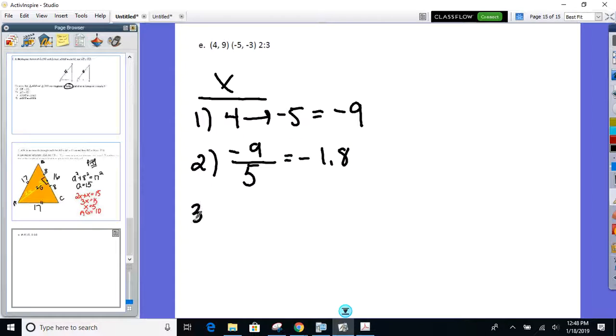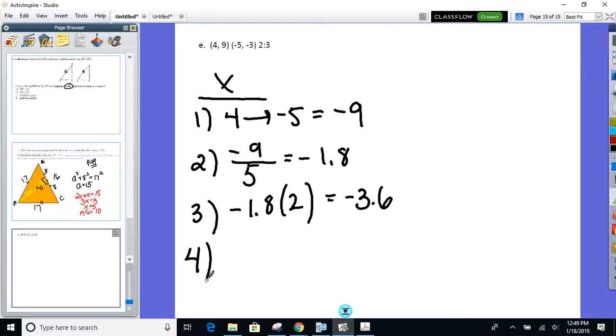All right, what's that -1.8 have to get multiplied by? How many times I'm going, which is the first number in the ratio, times 2. So I'm going a total of -3.6 units from what starting X value? So 4 minus 3.6, 0.4 would be my X coordinate.